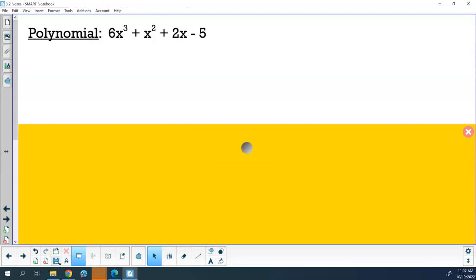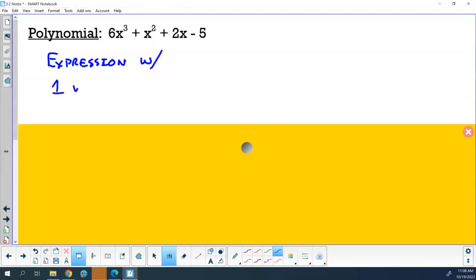So a polynomial is an expression with one variable. Okay? So in a polynomial, there will only be one variable.